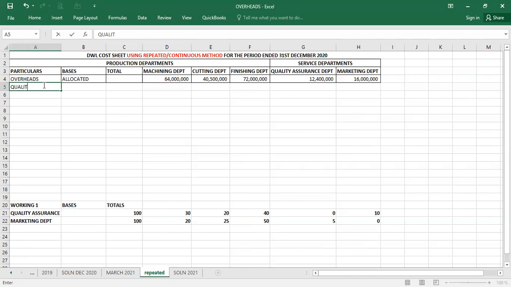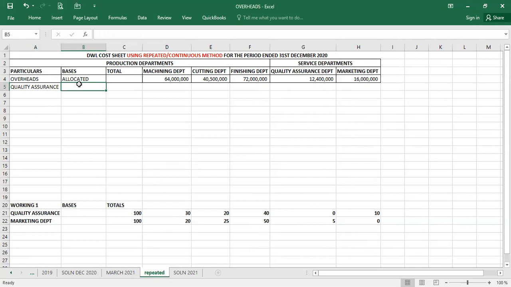The other person could start with the marketing department. There is no problem, but me, I suggest we go by this, the one that gives the less cost first. We go in the ascending order so that we can be able to understand. This one, how are we taking it?